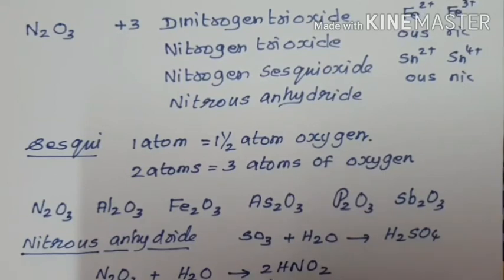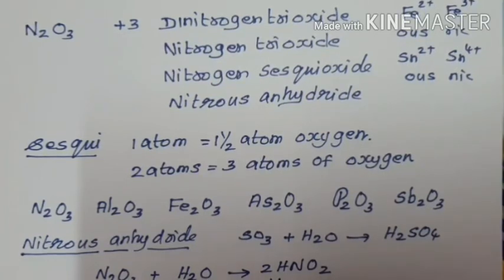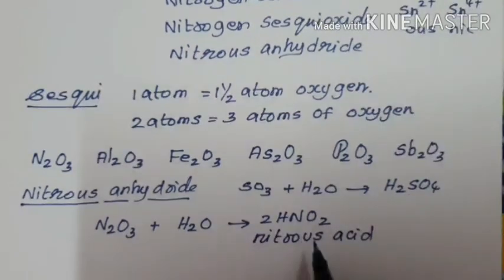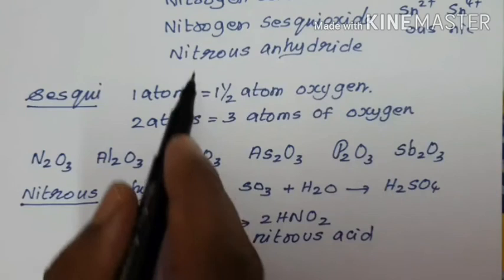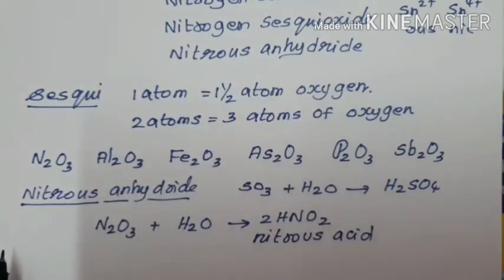So nitrous acid losing one water molecule gives N2O3. Therefore, N2O3 is called nitrous anhydride.